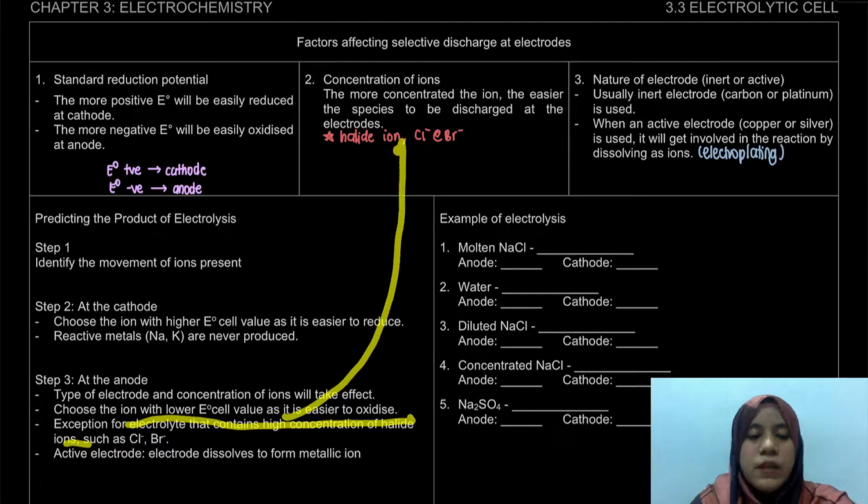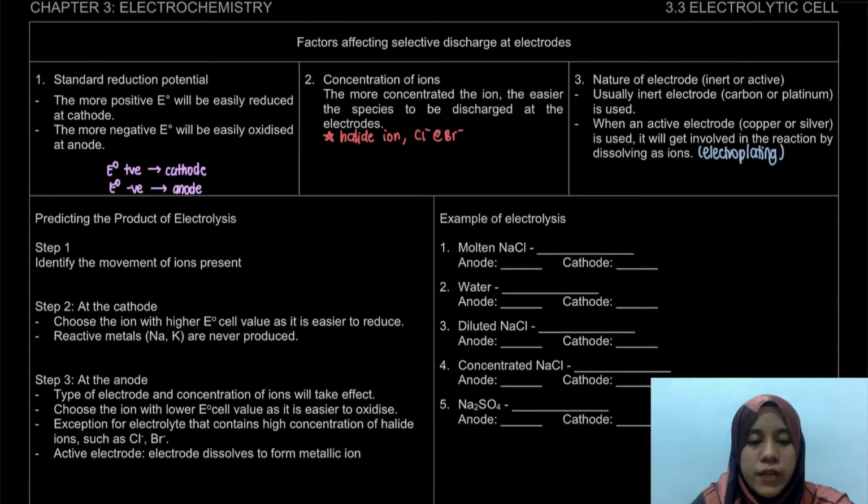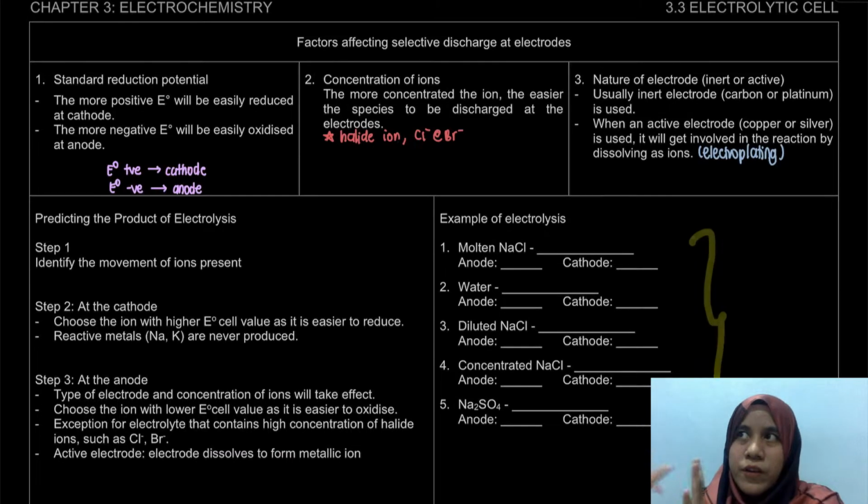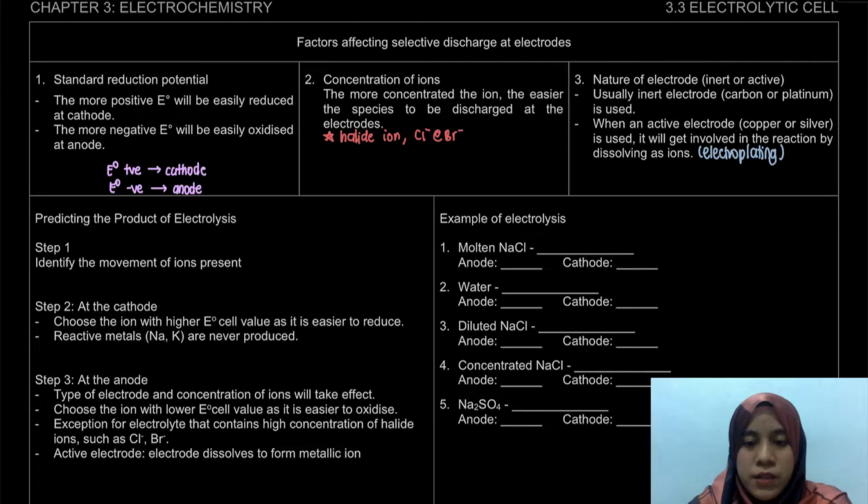And for the case of an active electrode, we will choose the active electrode because it will dissolve to form metallic ion. Okay, so here is the summary, which at the end when we have learned all the reactions, we will do together. But for our syllabus, the electrolysis that we have to know is 1, 2, 3, 4, 5, including the equations as well. So without further ado, let's continue with your notes on page 15.